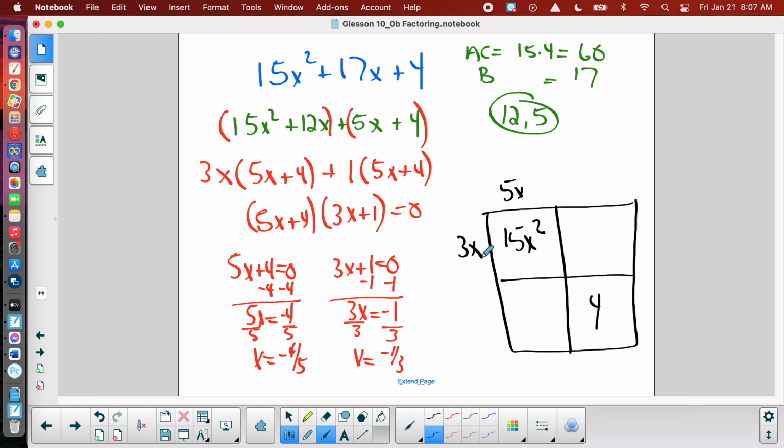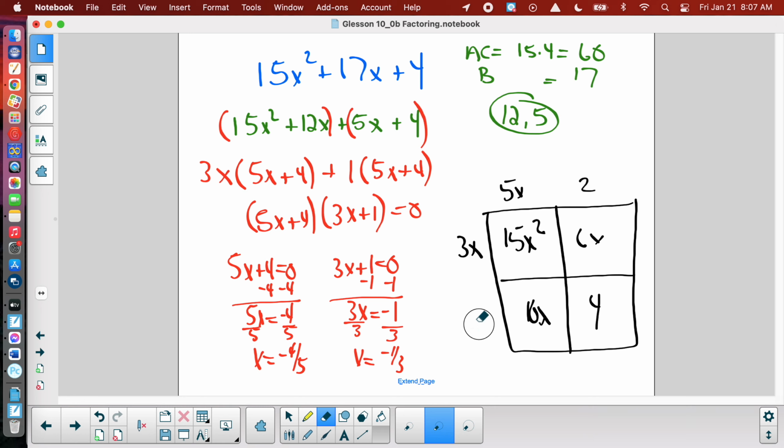And we'll pretend like we don't know, but 4, I've got 1 and 4 and 2 and 2. But I'm going to guess, what if I guess 2 and 2? Okay, well, this would be a 6x, and this would be a 10x, which would give me 16x, not 17x. Okay, so that wouldn't have worked.